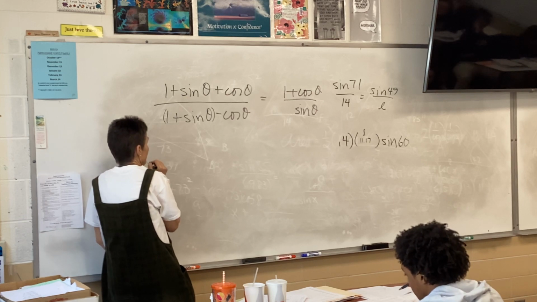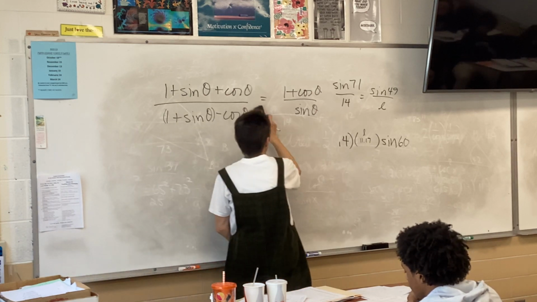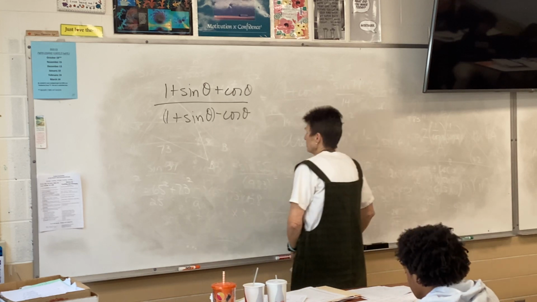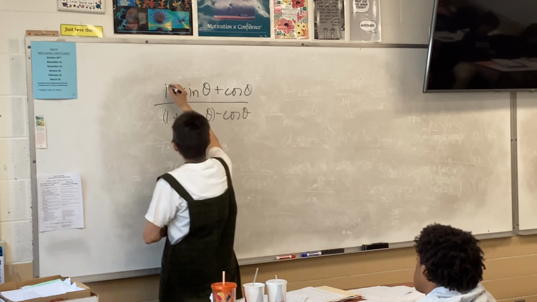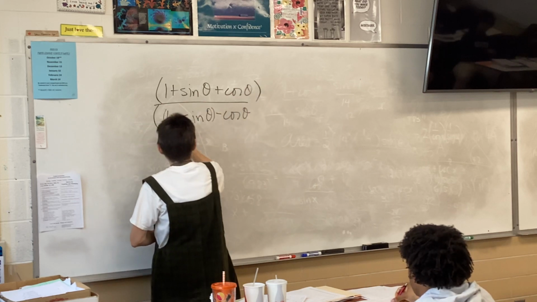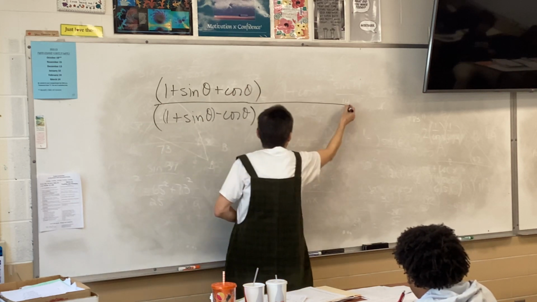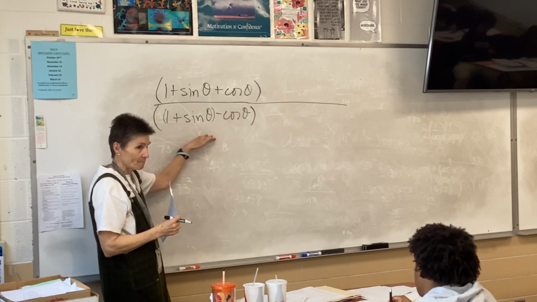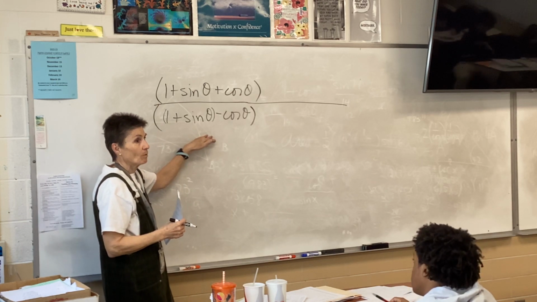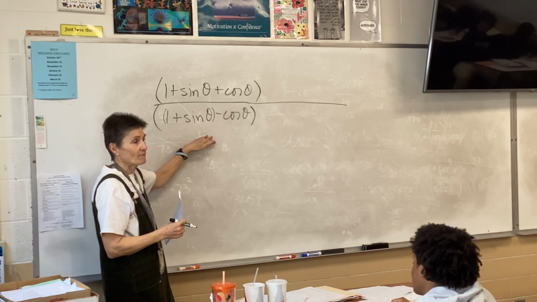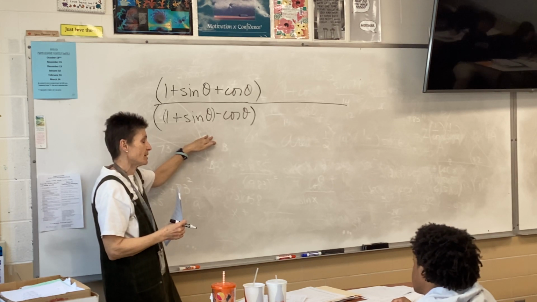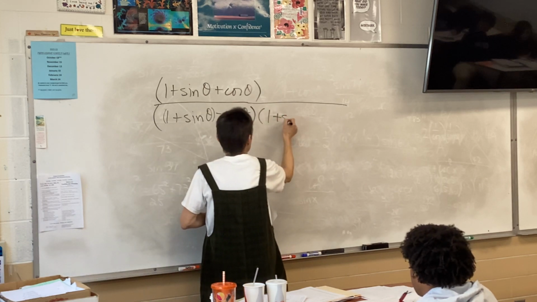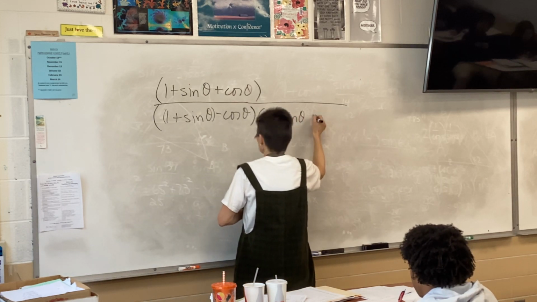What if I multiplied the top and the bottom of this by the conjugate of the bottom? Honestly, I haven't done this problem in a very long time. I'm not sure if I should be doing the conjugate of the bottom or the top, but we're going to start with the bottom. So 1 plus sine plus cosine.